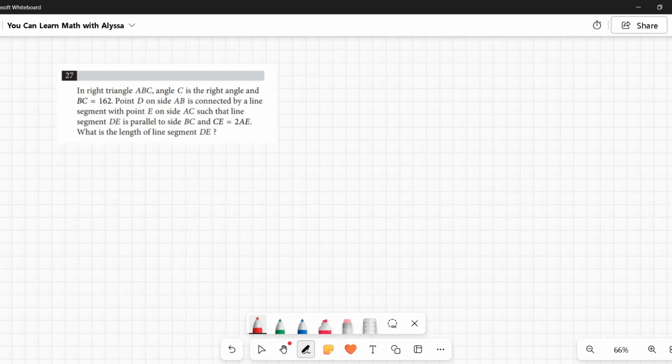All right, so I have right triangle ABC. Angle C is the right angle. Okay, so ABC. Let's say A, B, C, and C is the right angle. All right, point D on side AB. Okay, so there's a point D on side AB is connected by a line segment with point E on side AC.